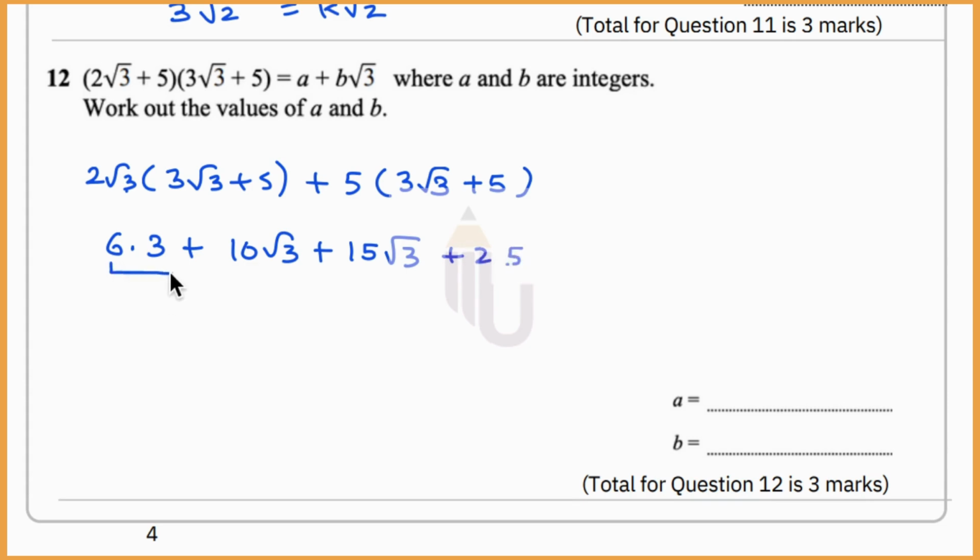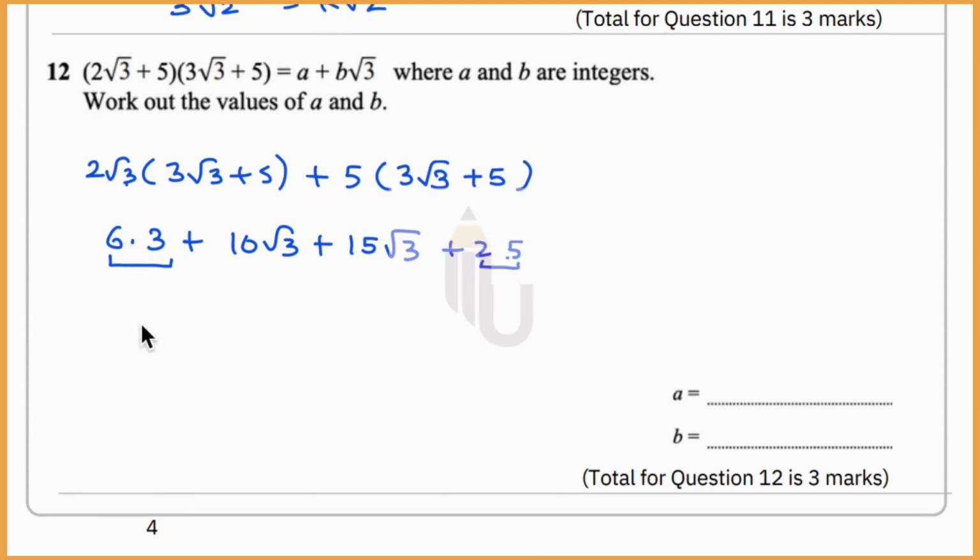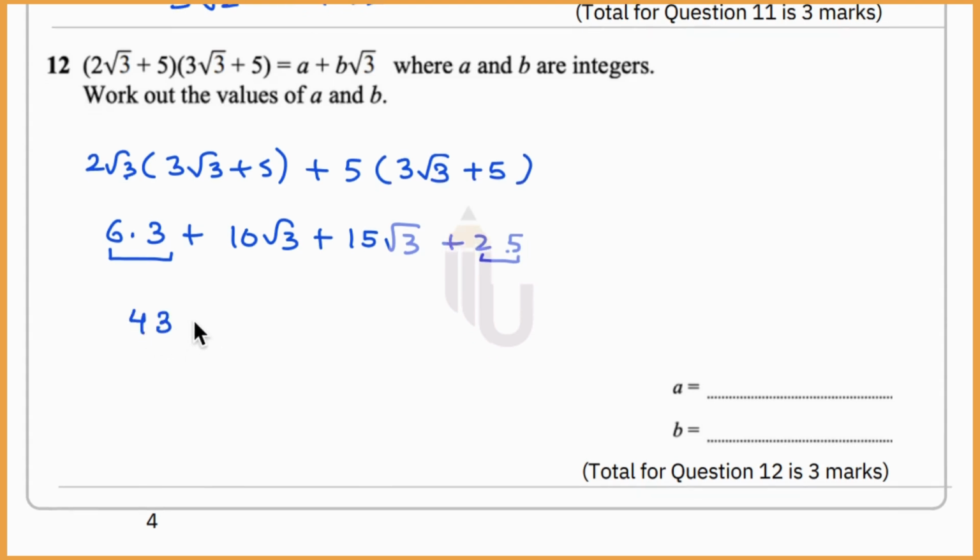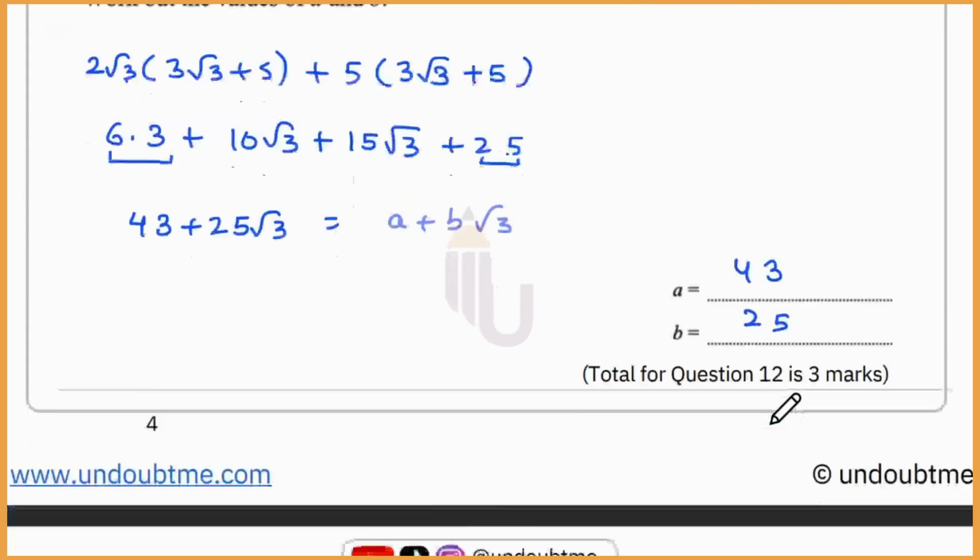So we have 6 3s are 18 plus 25, that is 43, and plus 25 root 3. If we compare this with a plus b root 3, the value of a is 43 and b is 25. Next question.